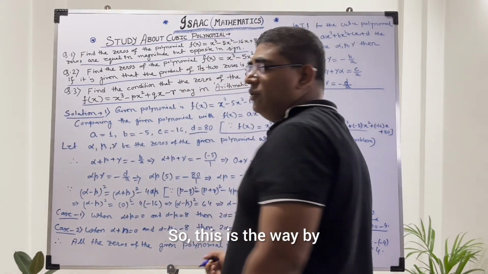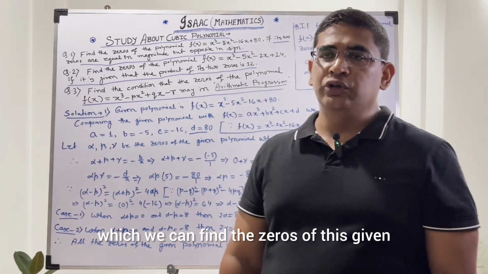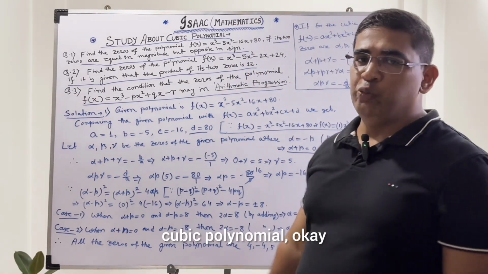Okay. So this is the way by which we can find the zeros of this given cubic polynomial.